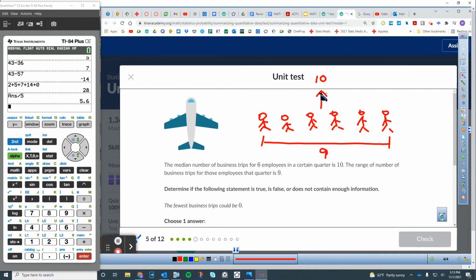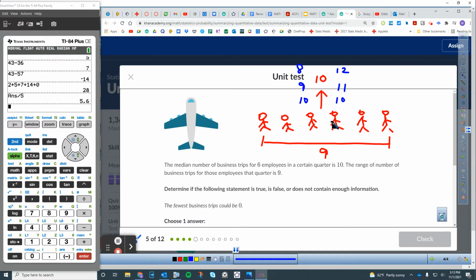In order for the median here to be 10, we take the average of those two, right? So this could be 10 and 10, couldn't it? Because the average of 10 and 10 is 10. It could be 9 and 11, could be 8 and 12. It could be many things. We don't really know.